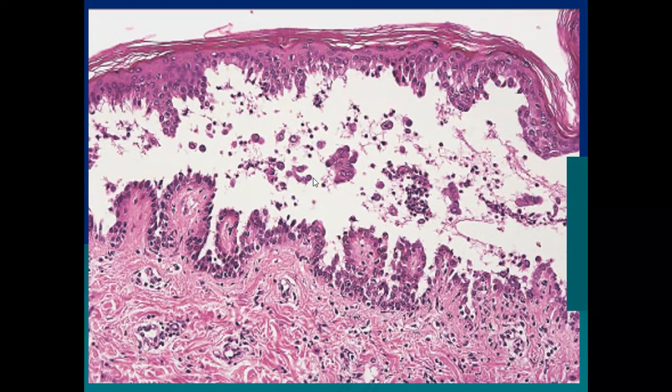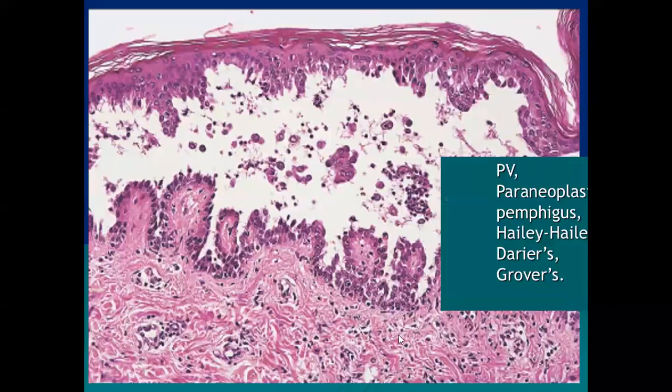In addition, you see lots of acantholytic cells in the blister cavity, and most of the epidermis is seen at the floor of the blister. So this is a typical picture of pemphigus vulgaris, but is also seen in paraneoplastic pemphigus, in Hailey-Hailey disease, in Darier's and Grover's disease. Suprabasal split.